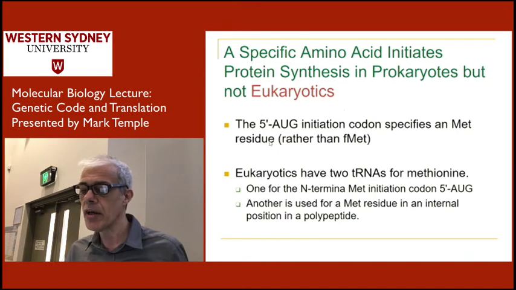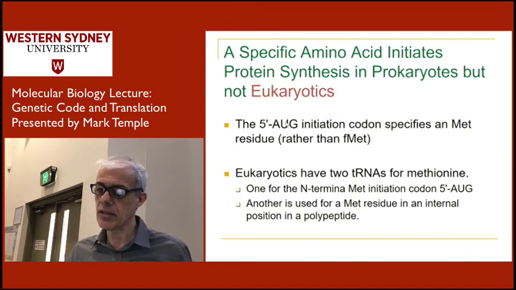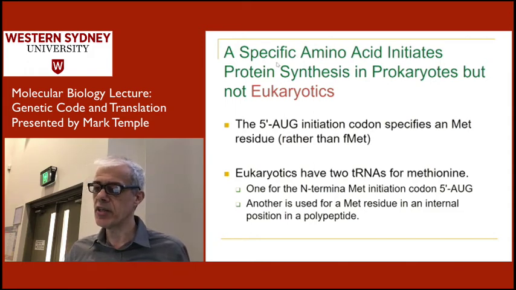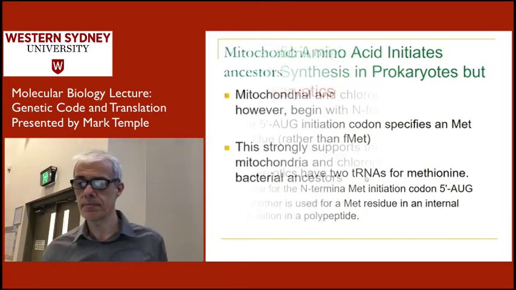Whereas in E. coli, a modified methionine is brought to the initiator codon. So there's a specific amino acid that initiates protein synthesis in prokaryotes, but in eukaryotes it's a standard methionine, and a different transfer RNA is used.